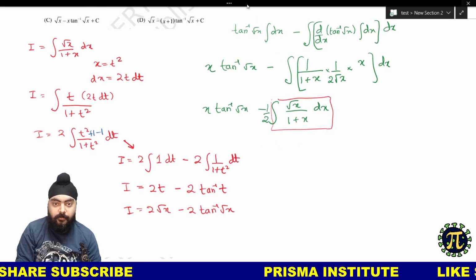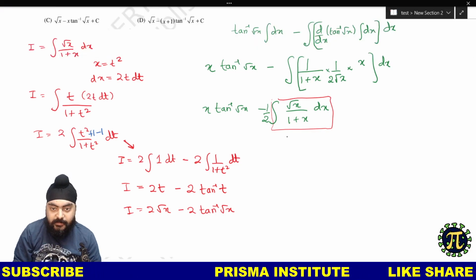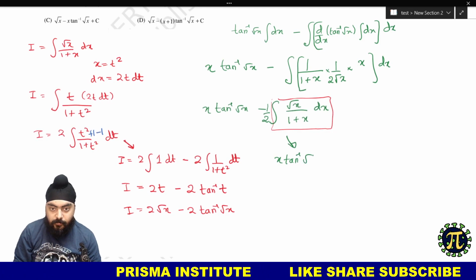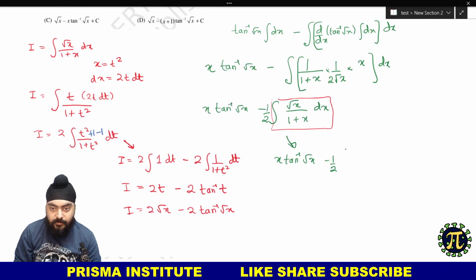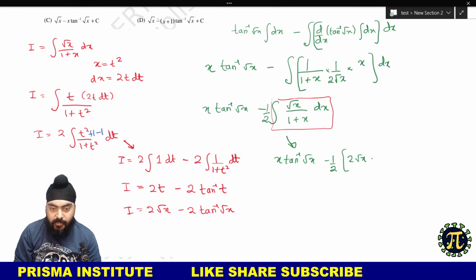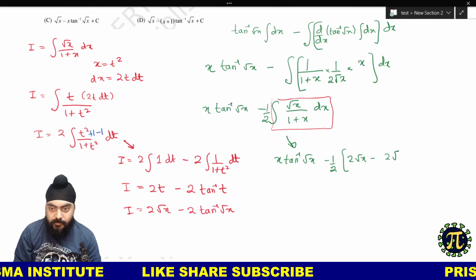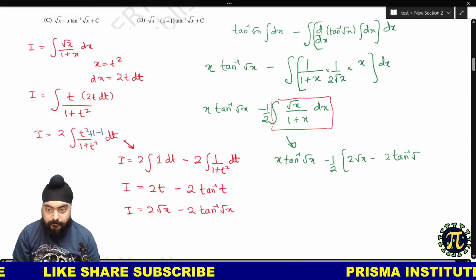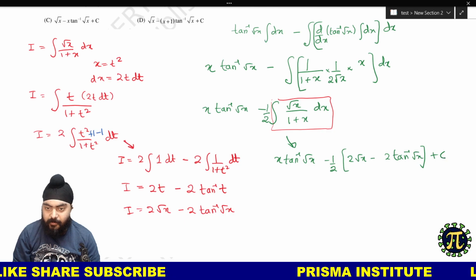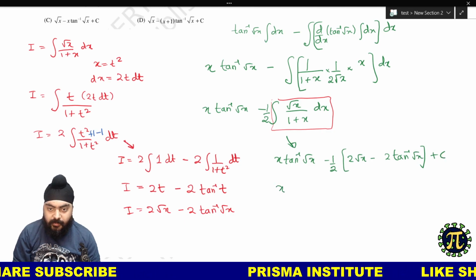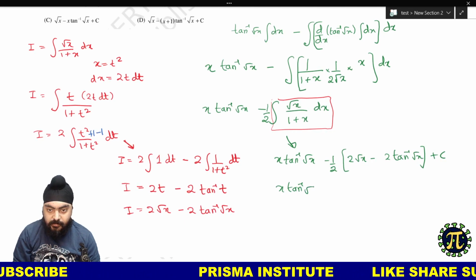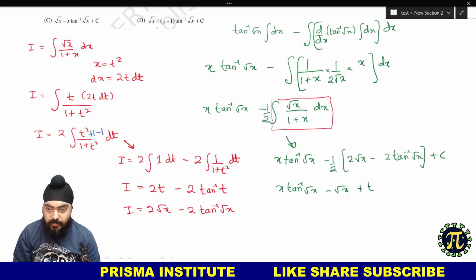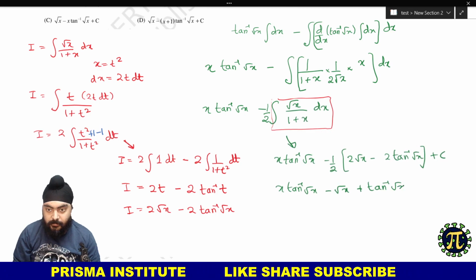So now let's change the color of the pen, and we can say this integral now becomes x tan inverse root x minus half times, twice of root x minus twice of tan inverse root x, plus some arbitrary constant. So 2 cancels, and we get x tan inverse root x minus root x plus tan inverse root x plus c.